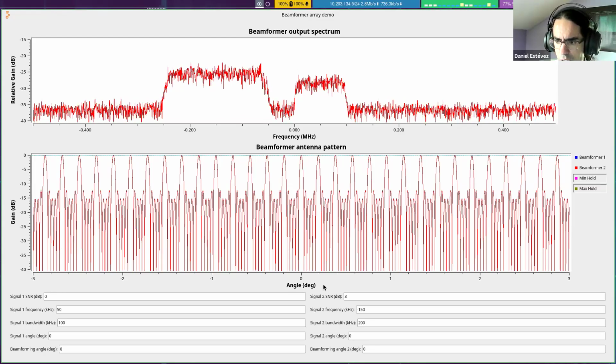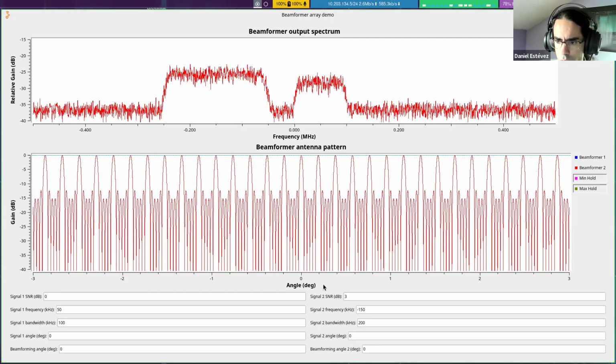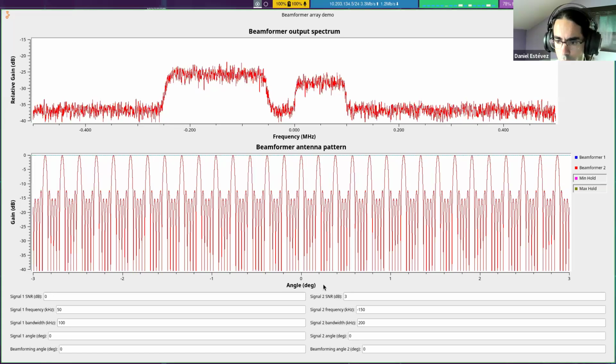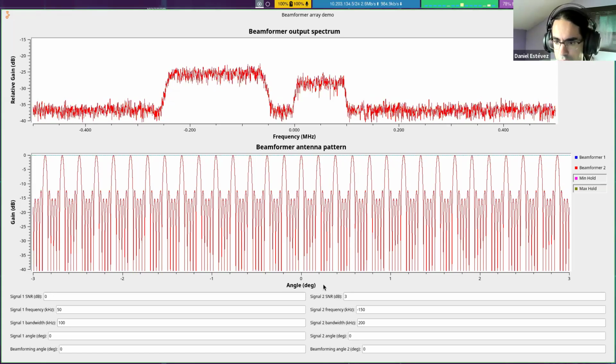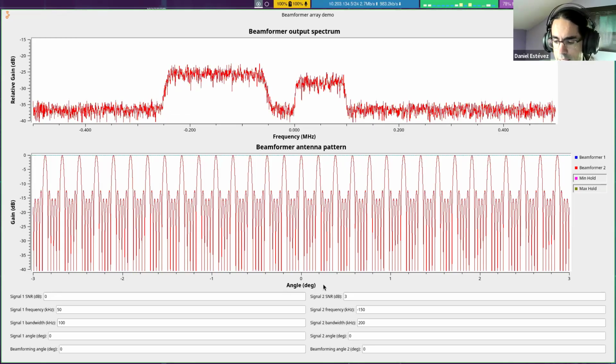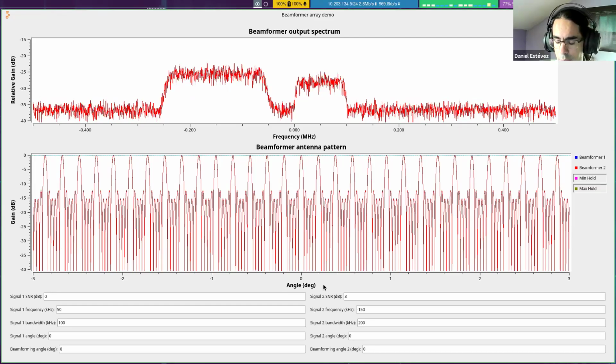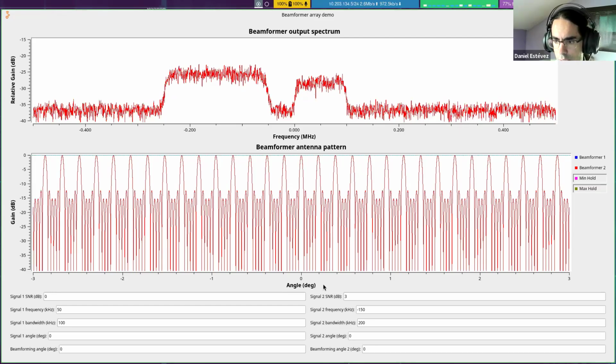This interferometric image is essentially what happens if you keep punching holes in your large dish and you are only left with your individual small dishes. The resolution you are going to get is the same as that of the large dish, basically the longest baseline between your small dishes.